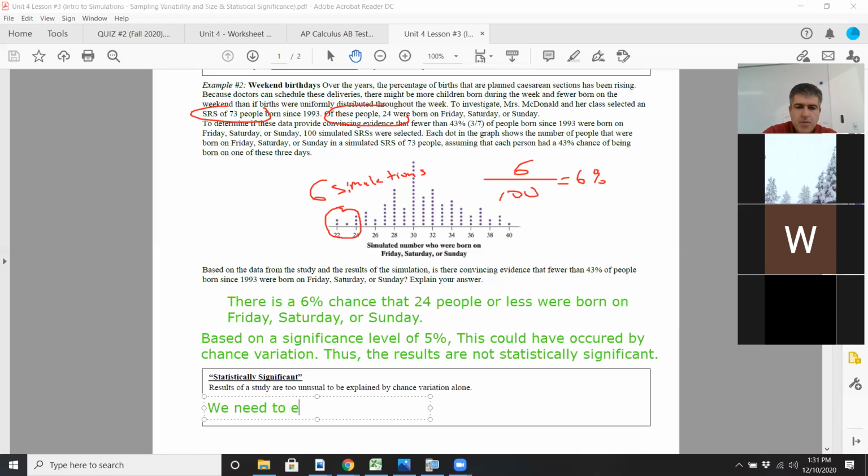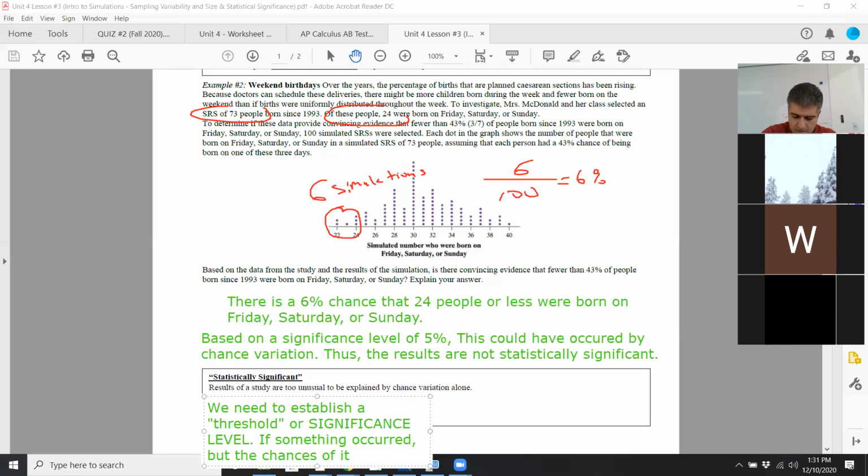We need to establish a threshold or significance level if something occurred, but the chances of it occurring were less than 1%, 5%, 10%, 20%. When would it draw suspicion?